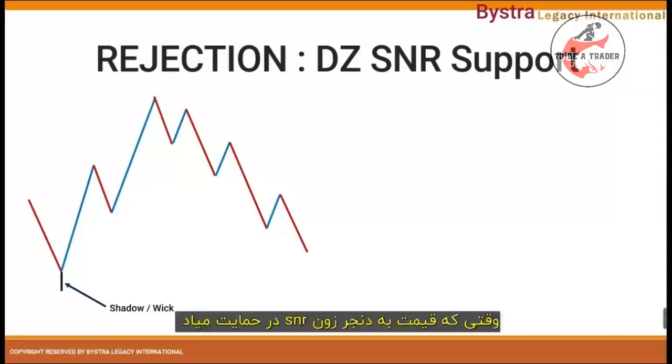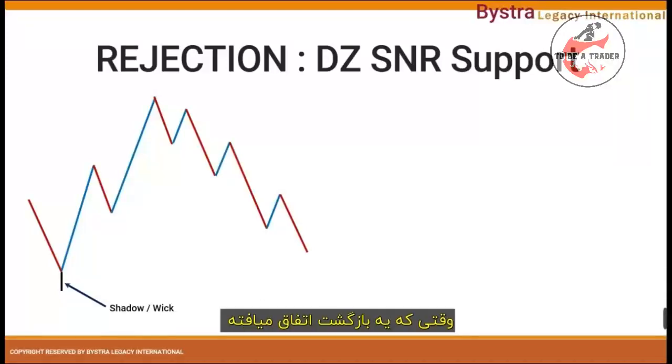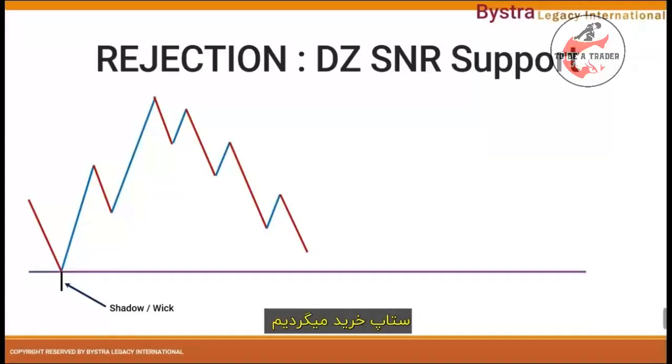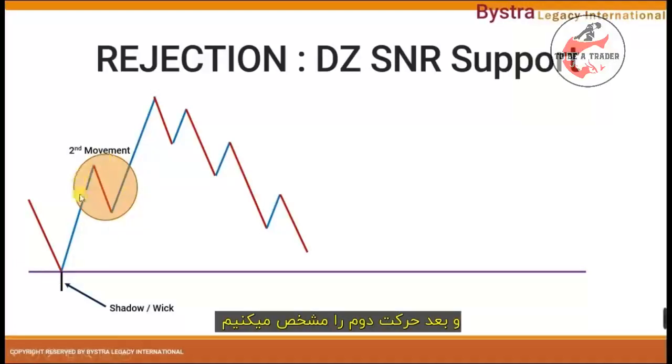Let's look at the first SOP. When the price comes to the danger zone SNR at the support, when there's a rejection, then we will look for a buy setup. First, we move to the weekly time frame and mark the horizontal line. Next, we mark the second movement.